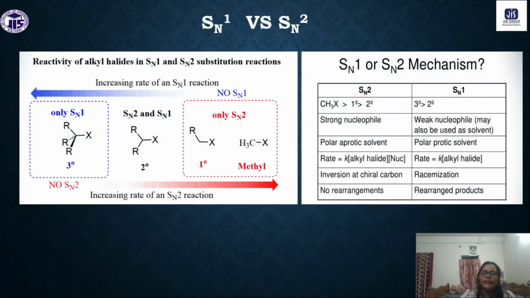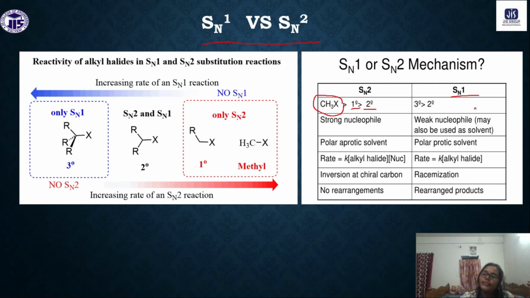Okay, so this is SN1 versus SN2 reaction. For the SN2 reaction, methyl halide, like methyl bromide, is always preferred over 1 degree, then 2 degree, then 3 degree.